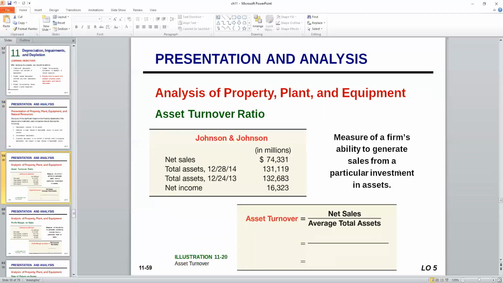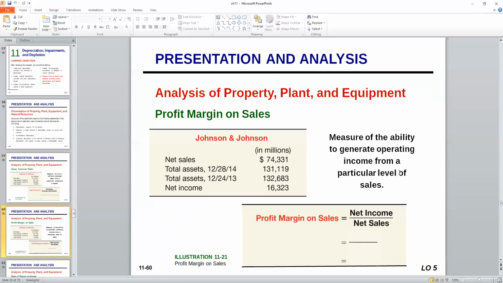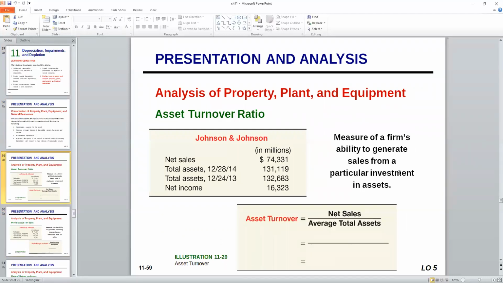There's also analysis that's done to look at how effectively one is utilizing these key assets. So asset turnover, just like we saw with inventory turnover, is also used for fixed assets. One of the things that is important to investors and creditors is not just how profitable an organization is, but how efficiently and effectively it utilizes the assets that it has under its control.